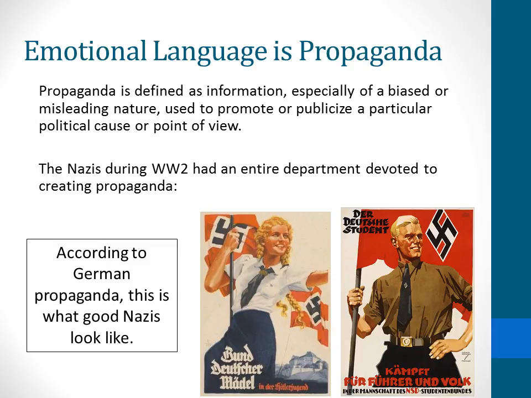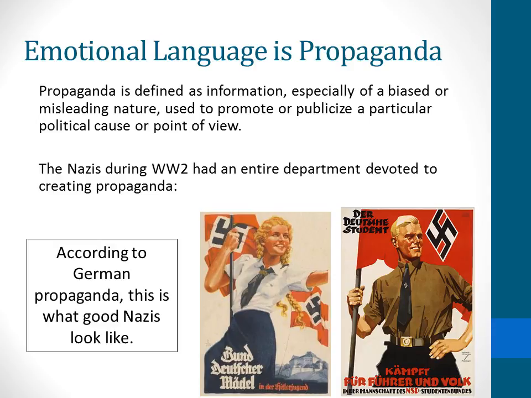During World War II, the Nazis had an entire department devoted to creating propaganda. According to their propaganda, a good Nazi looks like these fine young people in pictures. They're blonde, they're strong, they're healthy, they're in the first full blush of youth.